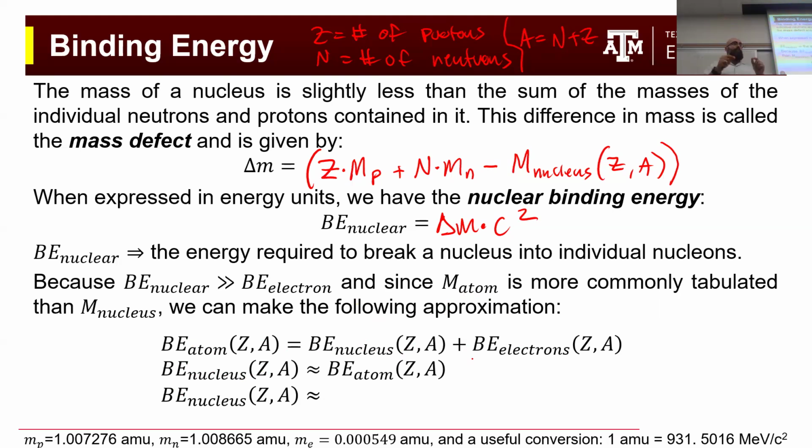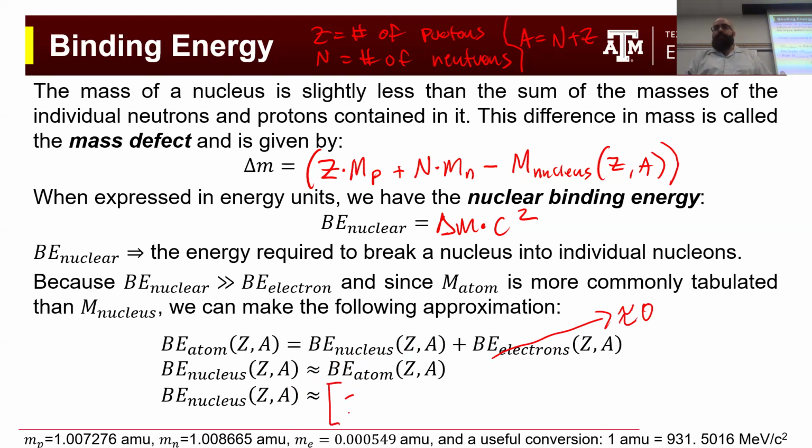If we wanted to make a nucleus, you supply protons and neutrons. If you want to make an atom, you have to supply protons, neutrons, and electrons. But the binding energy of the electrons is so much smaller than the binding energy of the nucleus that for all intents and purposes, this is basically zero. And therefore, the binding energy of the nucleus is very close to the binding energy of an atom. And so that means that we can talk about the binding energy of the nucleus as this.